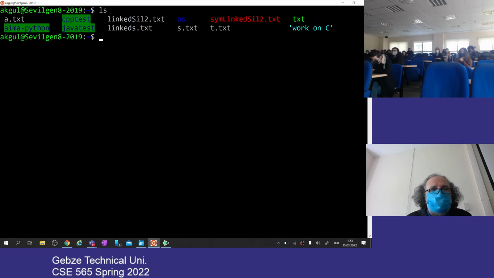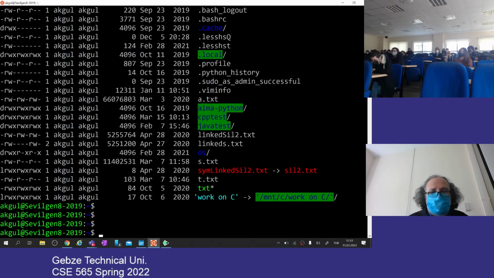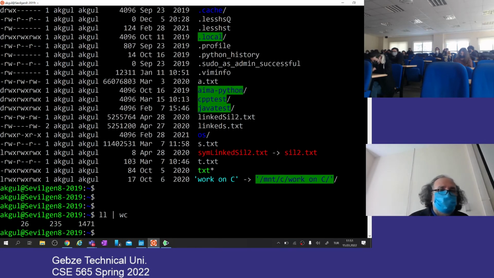I am doing this ls or ll. This one is producing some results, and I am going to feed the output of this one to the word count program. ls is producing one output and word count is consuming that output. One of them is producing, the other one is consuming, right?